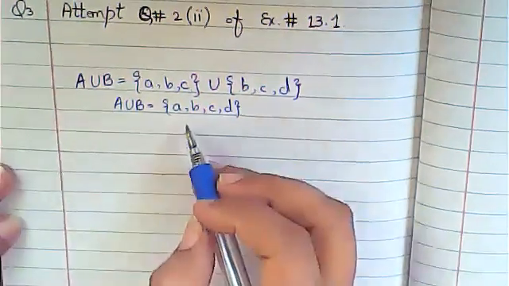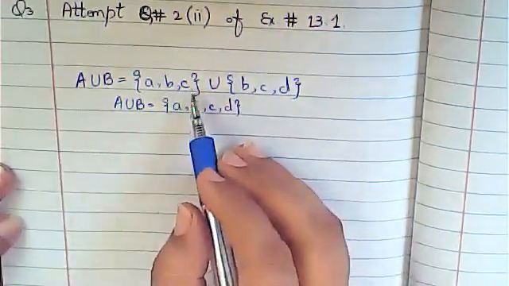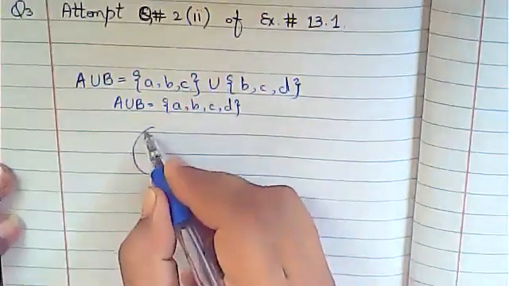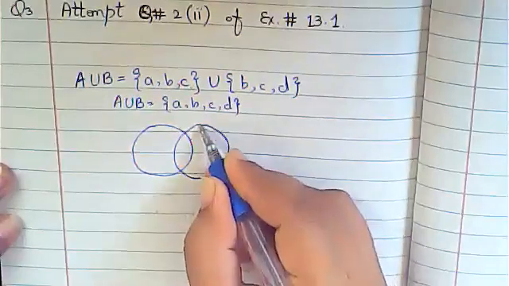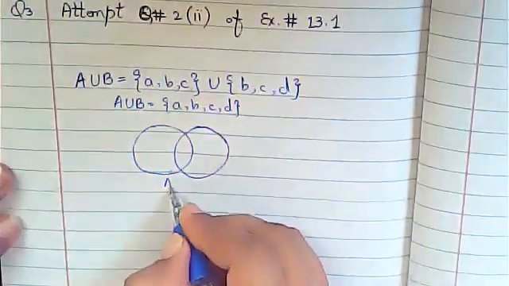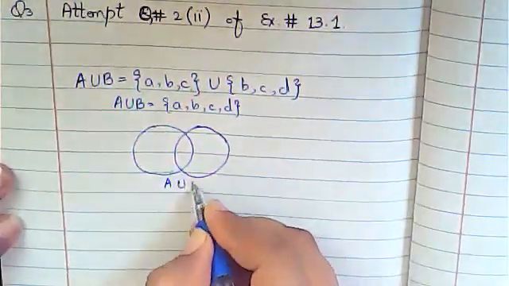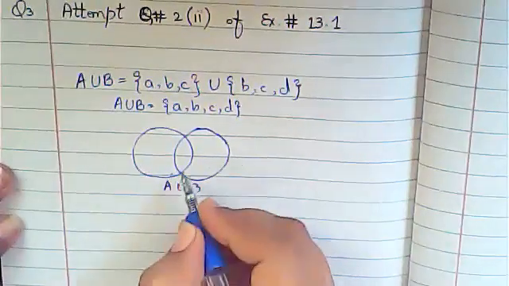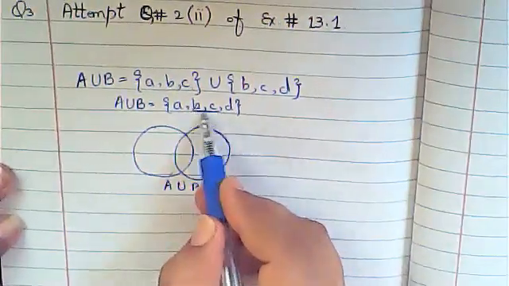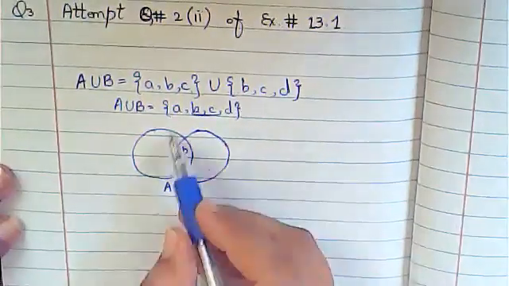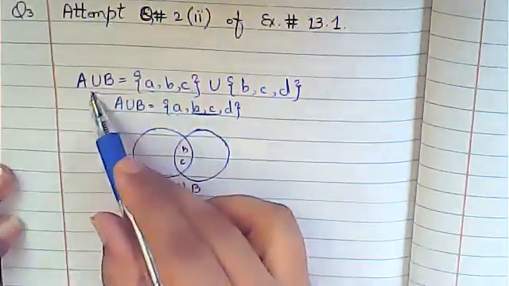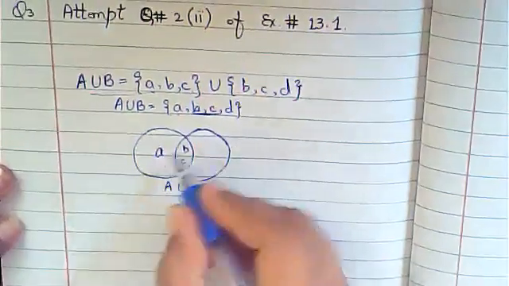Now, if you are going to draw the Venn diagram, since these are overlapping sets, you will make overlapping circles here, just like this. This is circle A and this is circle B. So what is common here? B and C. You will write it down here, B and C. Element A is a member of set A, so you will write it here.